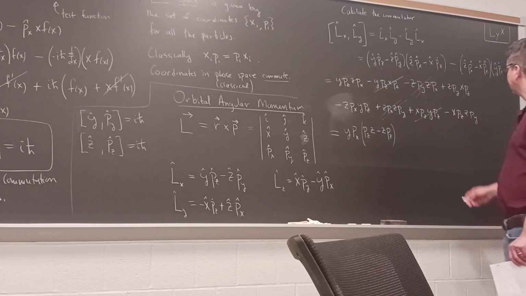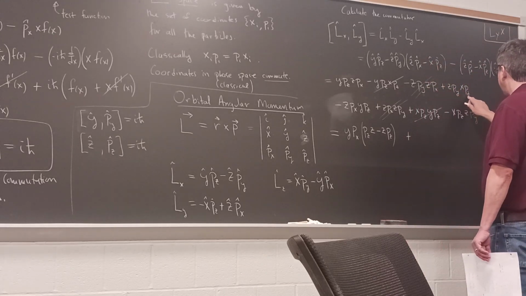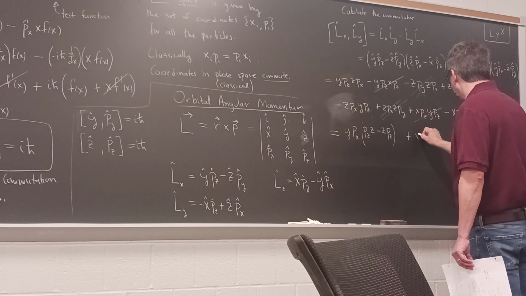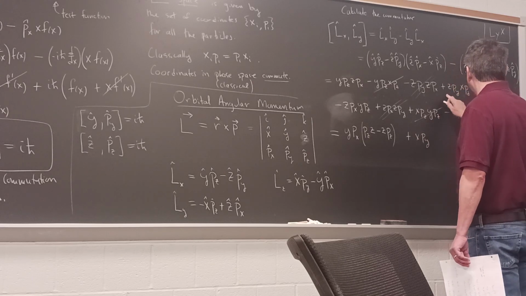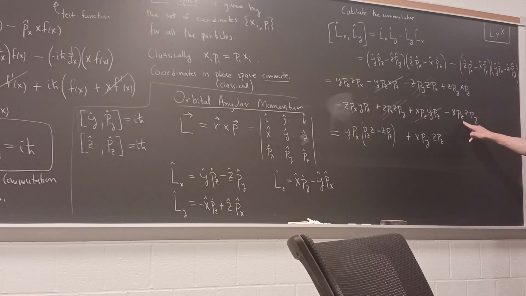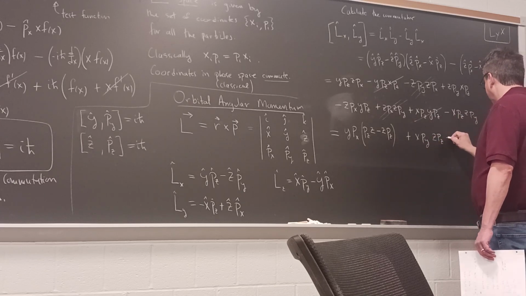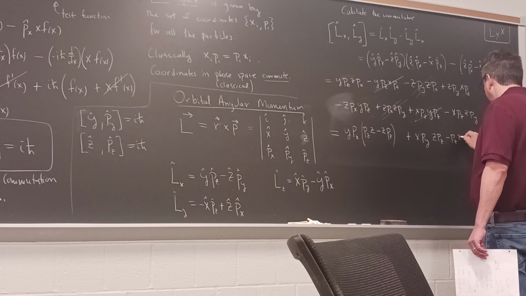Okay. And then over here we've got plus x py, and then we've got a z pz. And now I'm subtracting off. Let's see, what do I have here? I've got an x and a py, again, but a pzz, so this is minus pzz.